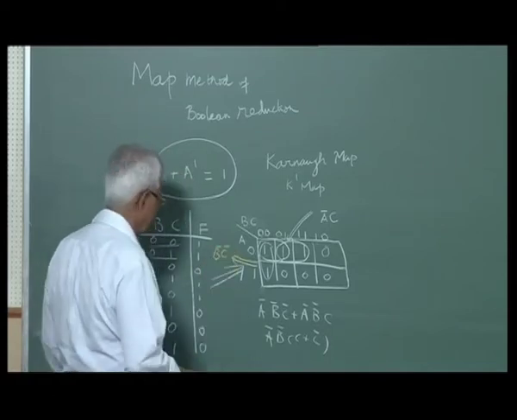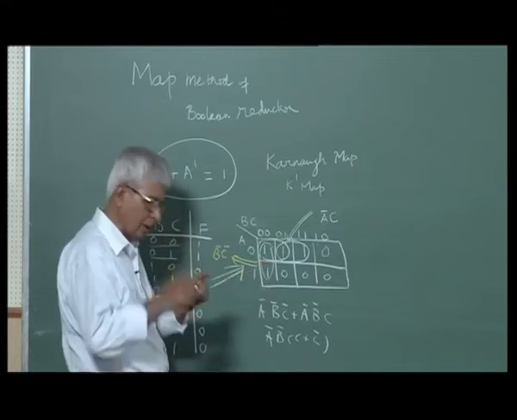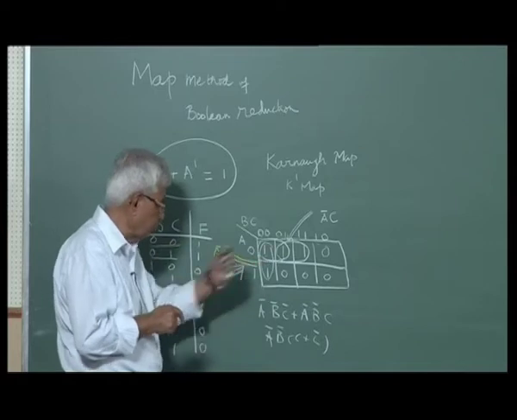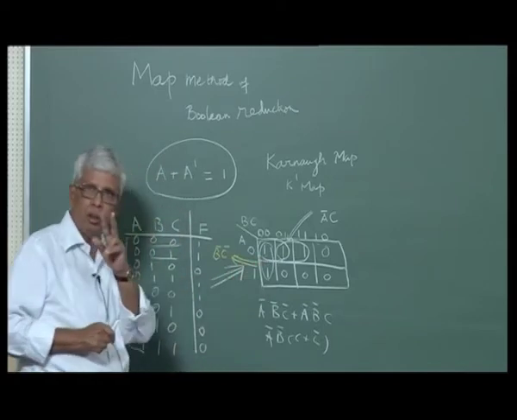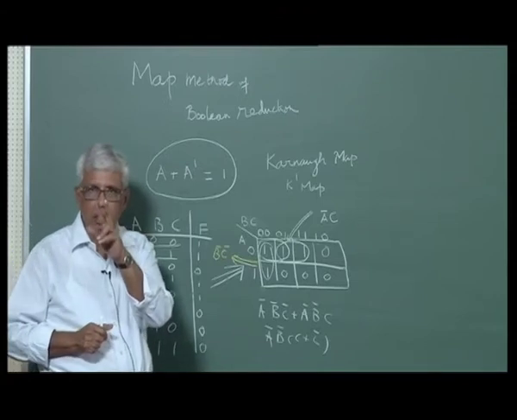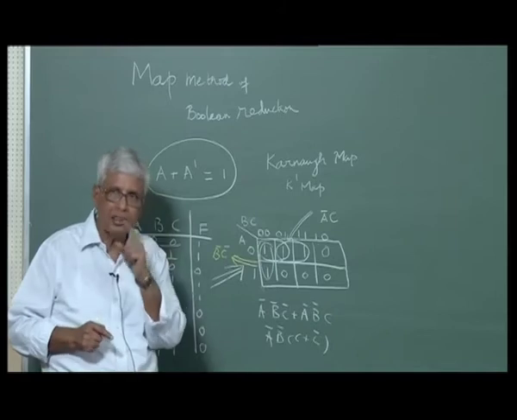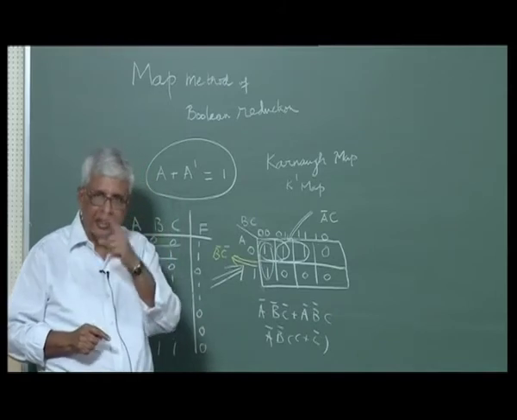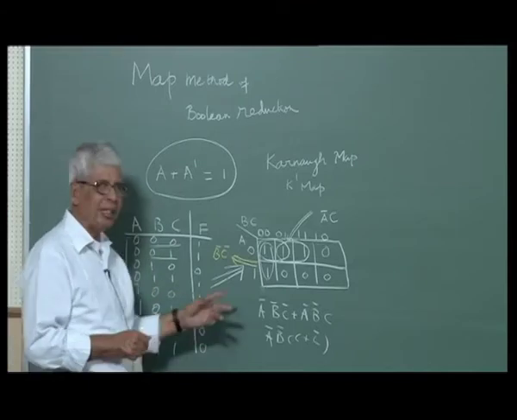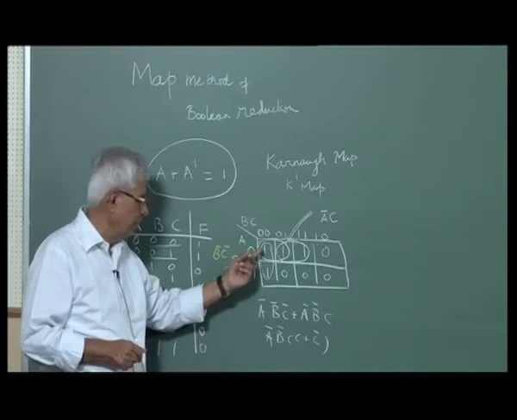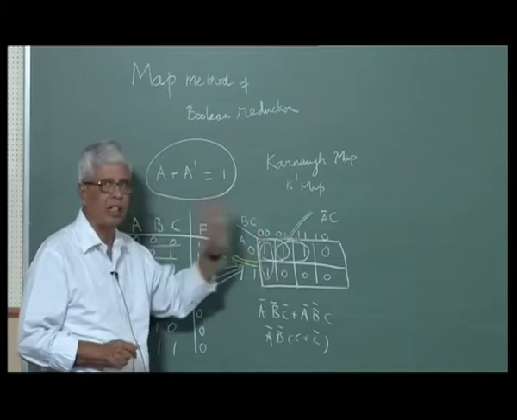Now there are 3 groups of 1s. They should be a power of 2. You can group 2 1s, 4 1s, 8 1s, 16 1s like that, and the property should be that some variables remain constant, and the rest of the variables get knocked off.